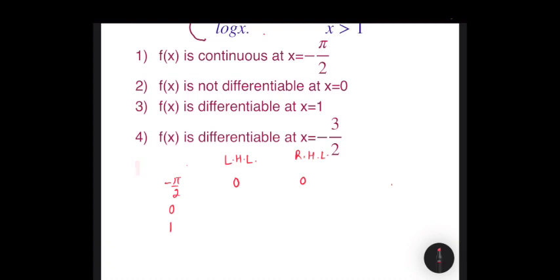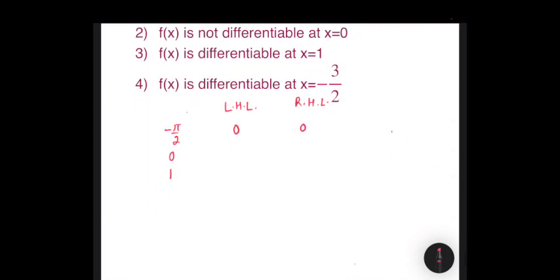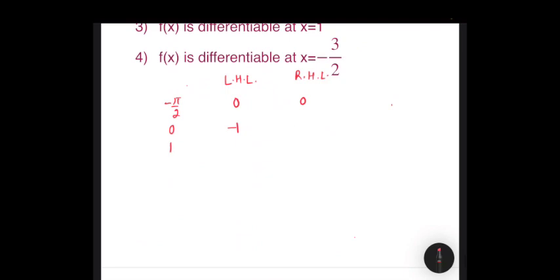When x tends to 0, the LHL function is minus cos x. So cos 0 is 1, and because of the minus sign, it becomes minus 1. In the RHL, take the function x minus 1. When we put x equals 0, the value of the function is minus 1.